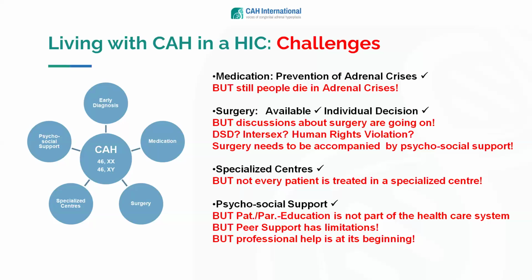Are girls with CAH intersex children, or are they girls? How do you define intersex? What makes a person intersex? We have lots of women in our groups who say, I'm not intersex at all. I don't feel intersex. I'm a woman. I have ovaries. I have a uterus.